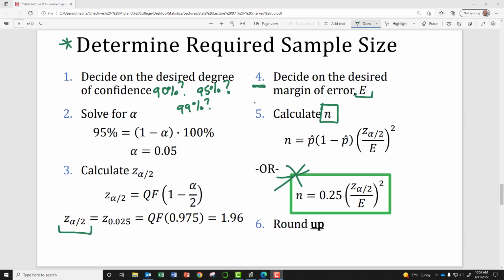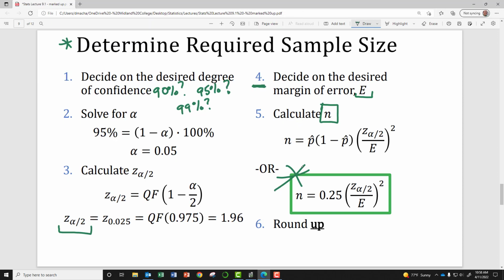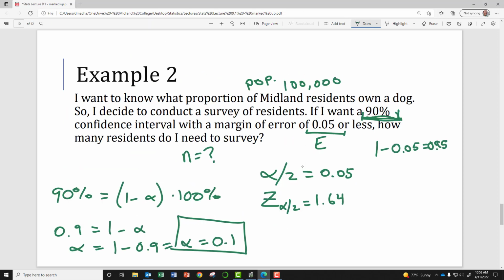Then step number 5 says we need to calculate this. My sample size n will be equal to 1/4 times this z subscript alpha over 2 divided by capital E, all squared. So let's do that. I have 0.25 times open parentheses, my z subscript alpha over 2, 1.64, divided by my capital E, the margin of error that we wanted, 0.05.